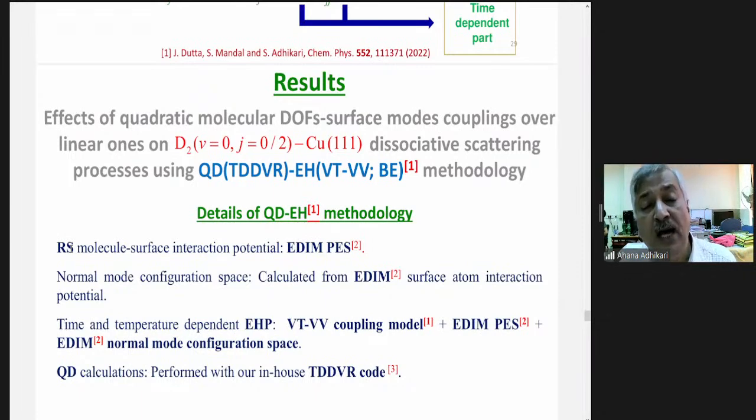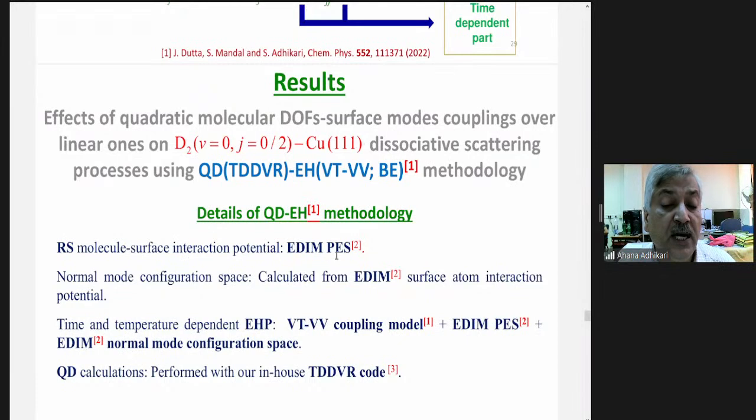For other cases, we have done accurate calculations, not only dynamical calculations but also the interaction potential. We have taken the SCM potential. We have taken vast metal frequency, but here we have considered only preliminary things so far, because we are in the process of doing accurate things.